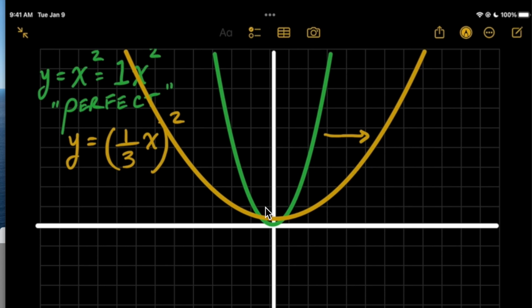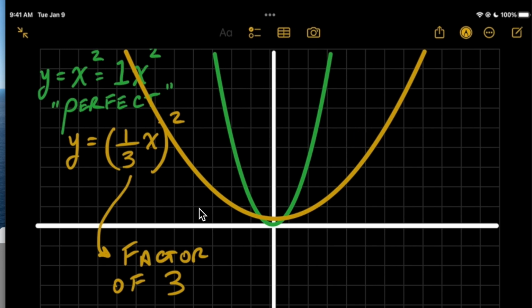Now I'd like to talk about why that is considered a horizontal stretch with a factor of 3. So let's look at this. It's very confusing. If they ask you for what the factor is, this is a factor of the reciprocal of 1/3, factor of 3. Now, why is that? Here it is. Let's look at this original green parabola.